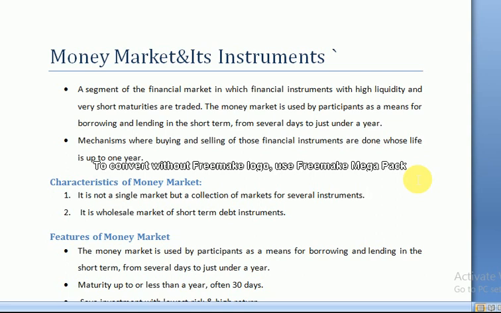So that 2-year certificate of deposit will be traded in the capital market, not in the money market. But the 6-month certificates of deposit, or 3 months or 9 months or up to 12 months, will come in the category of the money market. This security will be traded in the money markets. Why? Because their maturity is less than 1 year or up to 1 year.